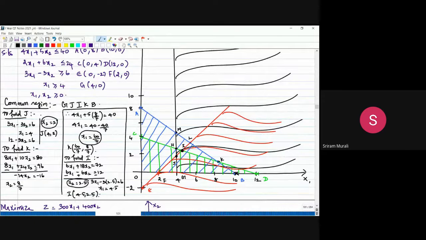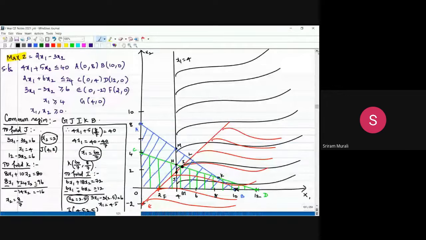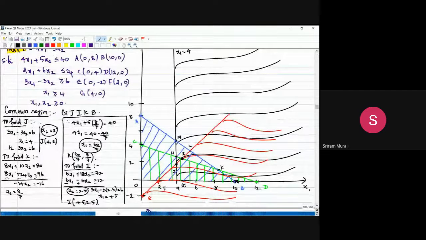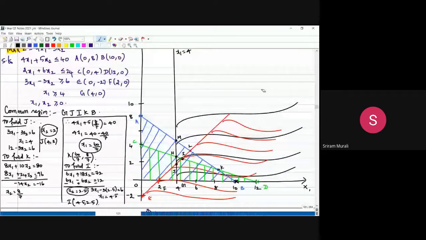So we found everything. We have to now come to the result. What can be the result? So the result is this.